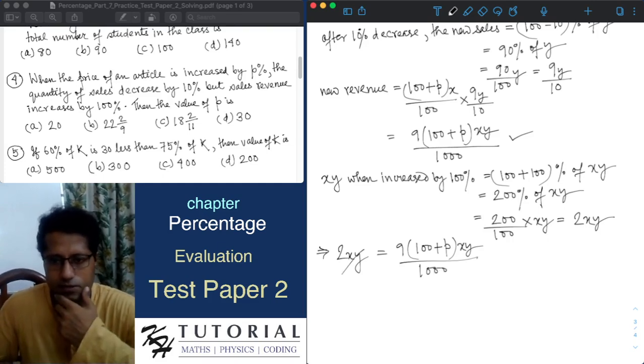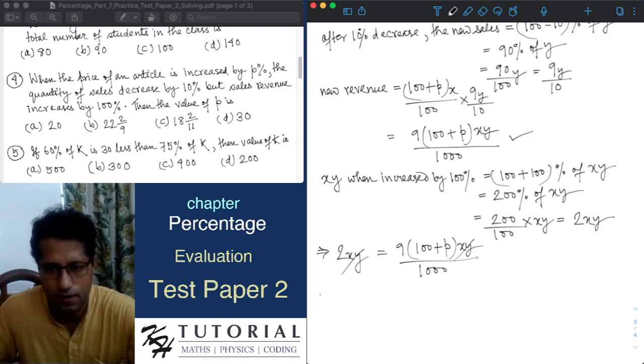From here we can cancel out xy and if we do cross product, we get 9 into 100 plus p equals 2000.